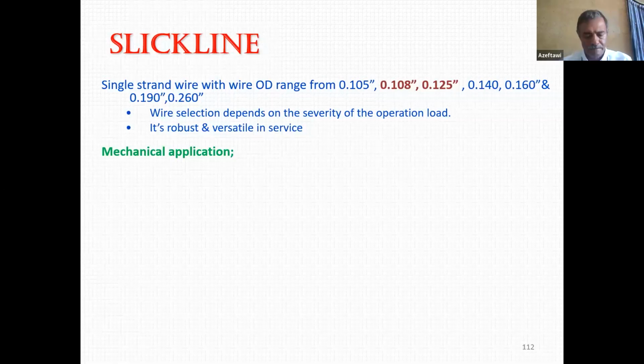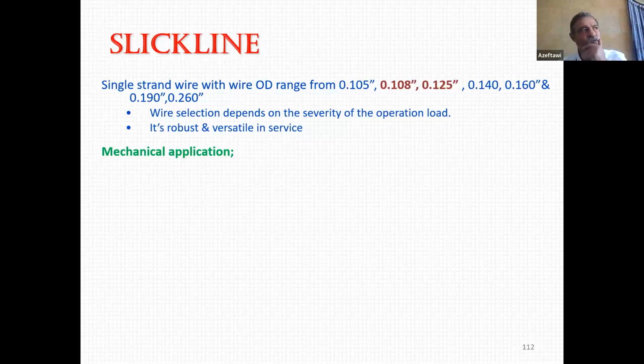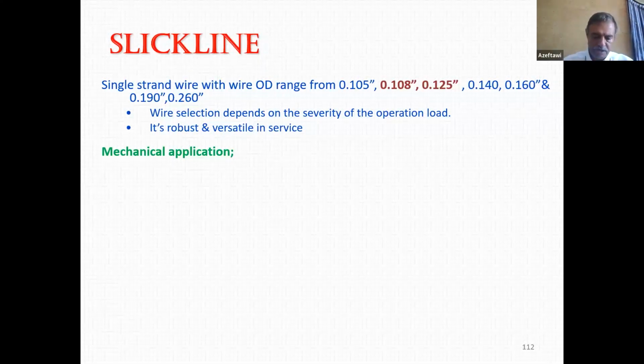Normally, if the line is stuck and we break it, we need to fish it. Normally we fish it with a thicker wire line, 125 or 140. This is the normal practice in some areas of the world. But in this course, please note that fishing means braided line.